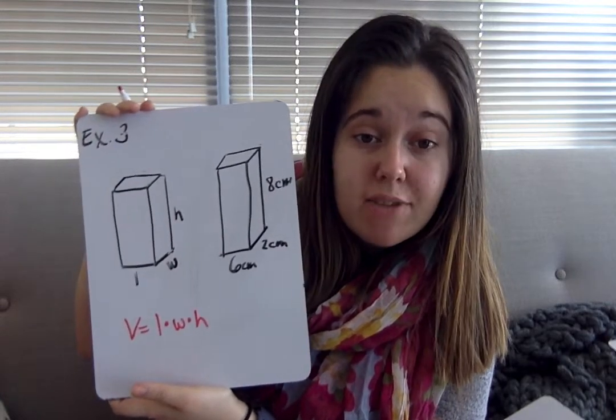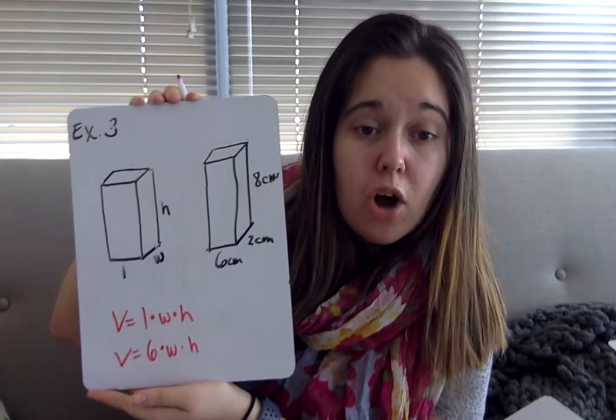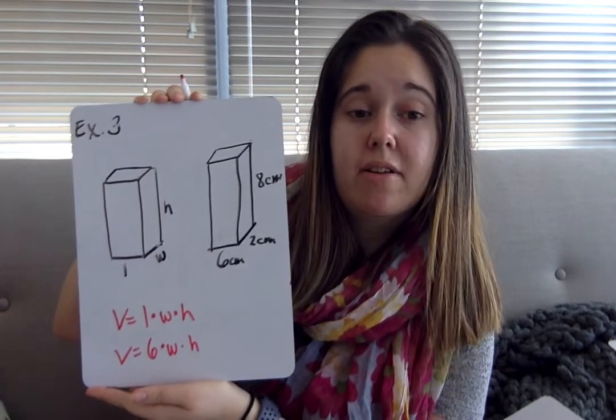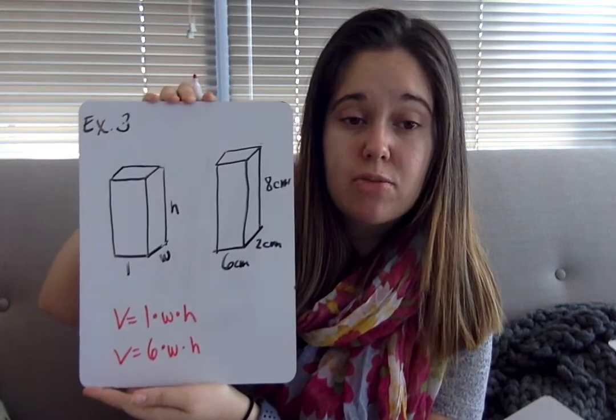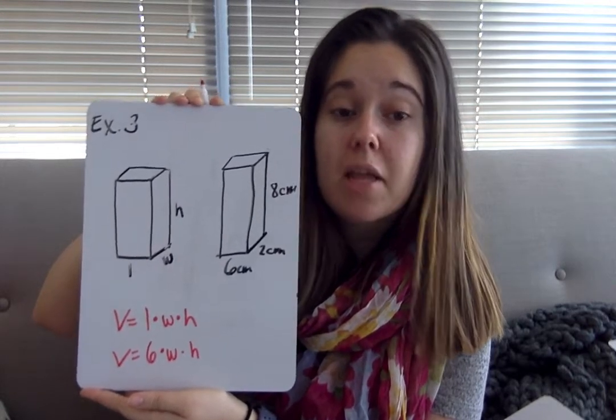What numbers can we substitute for L in the formula? Well, here we would substitute with a 6, right? We'd have to. No other number can replace L. So the next question, what other number can we substitute for the letter L?